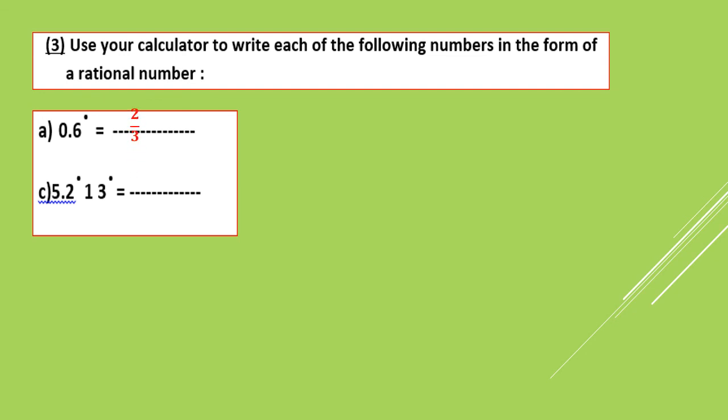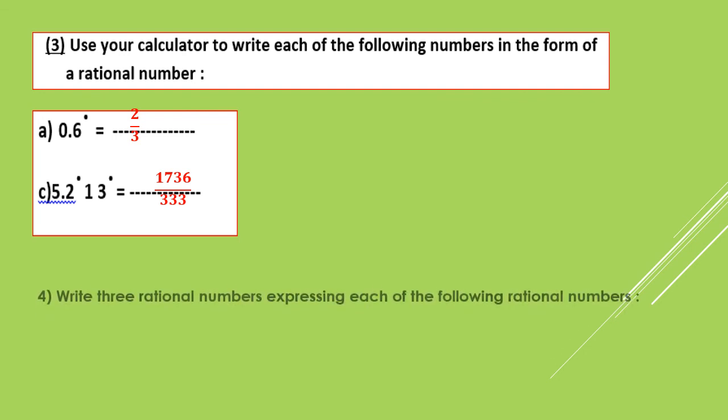It will be 2 over 3 as a rational number. 5.213 with a point above 2 and a point above 3. It means you will write 5, decimal point, 213, 213, 213 till our screen is full with numbers. When I see the arrow on the screen, click equals, it will be 1736 over 333.